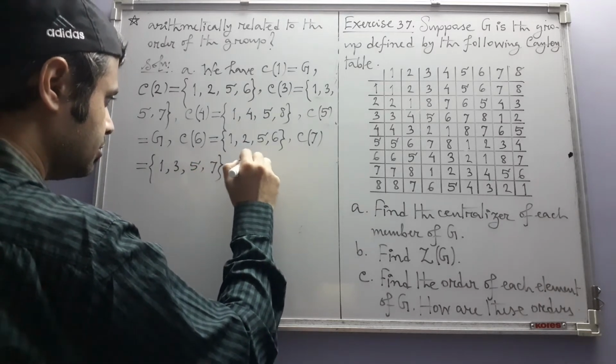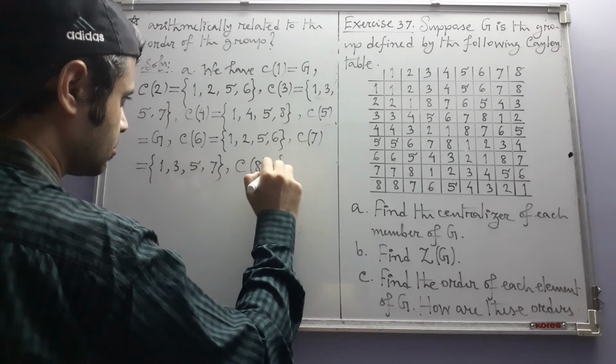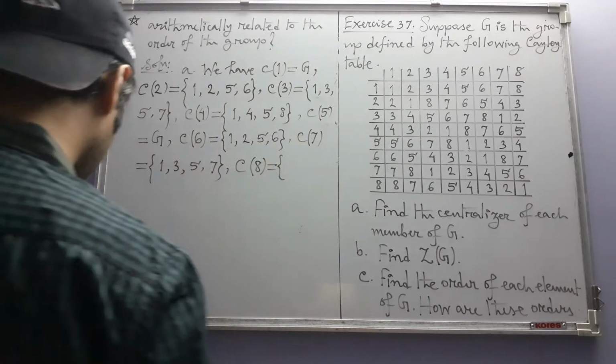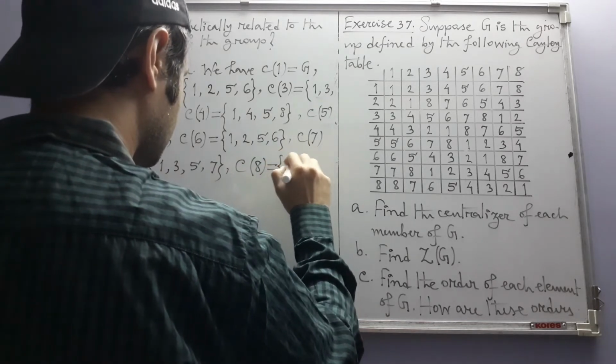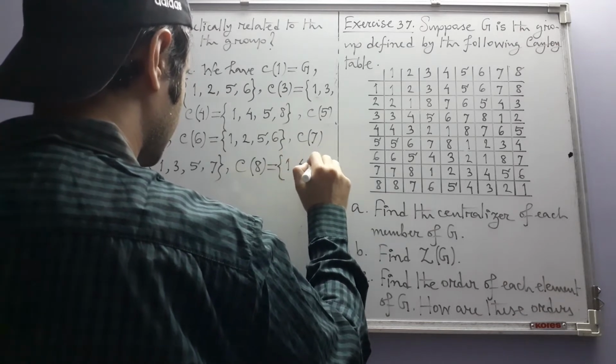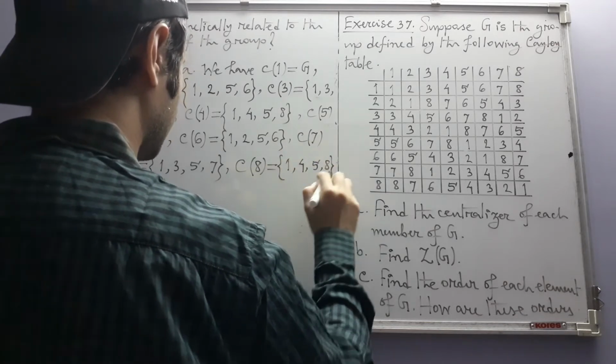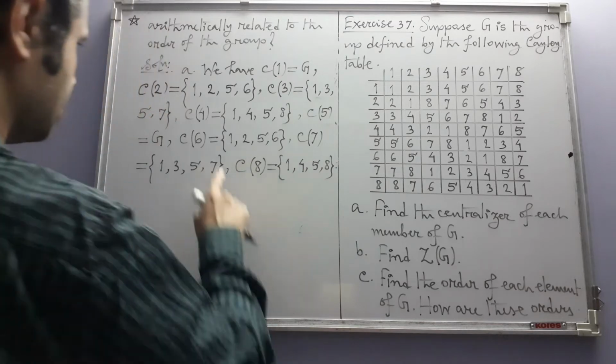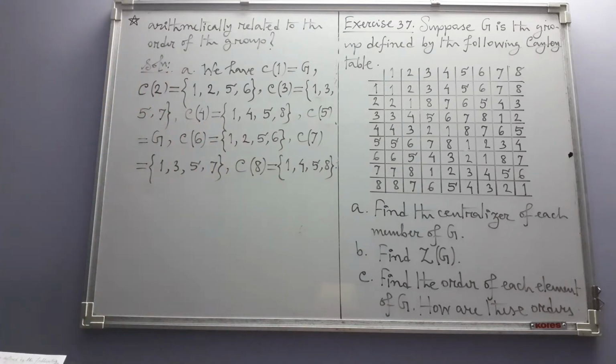And finally, C of 8 is 1, 4, 5, 8, the same as C of 4.